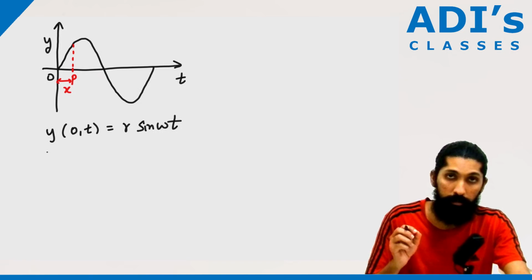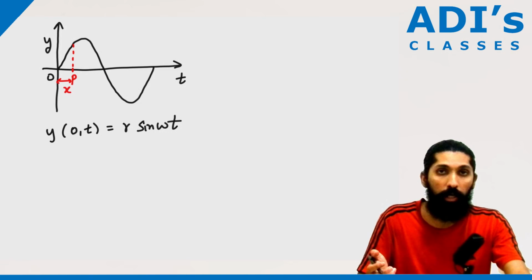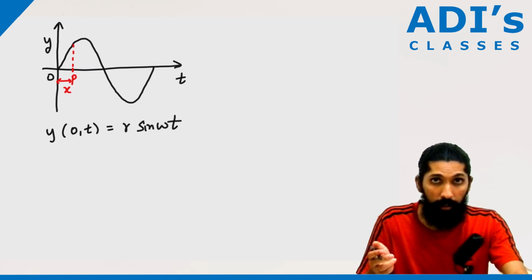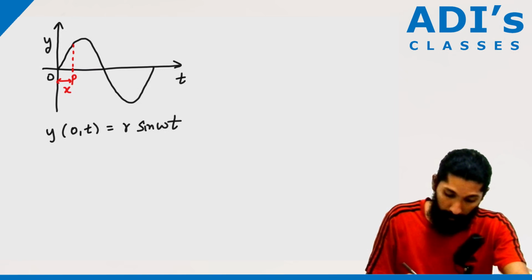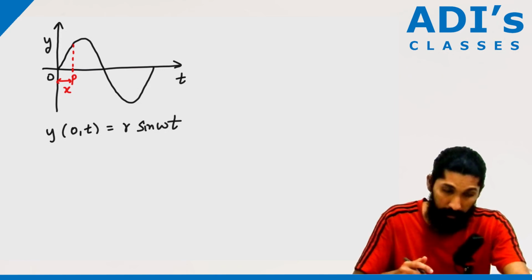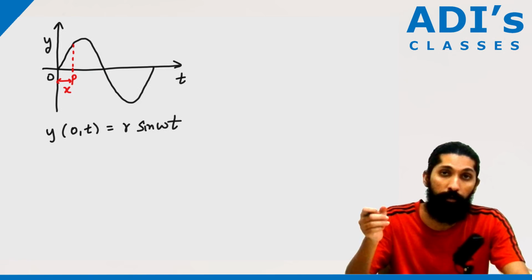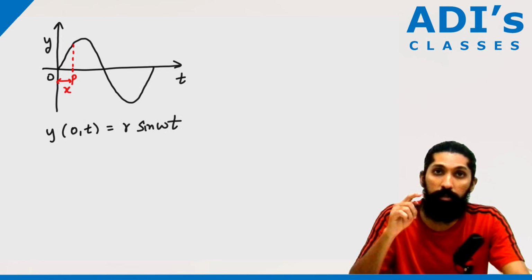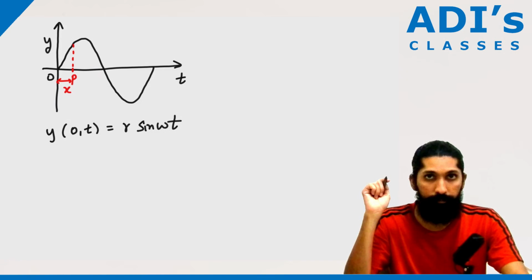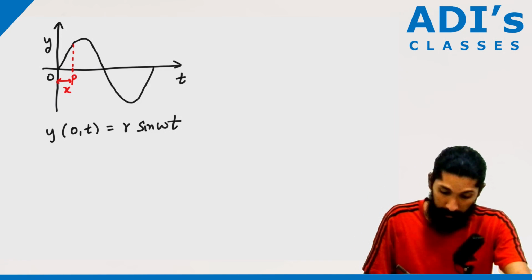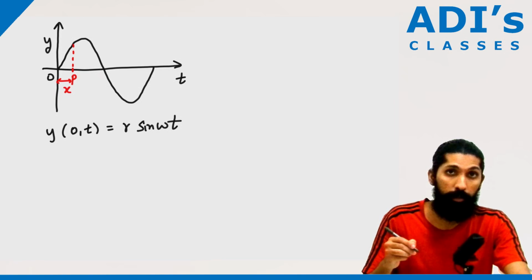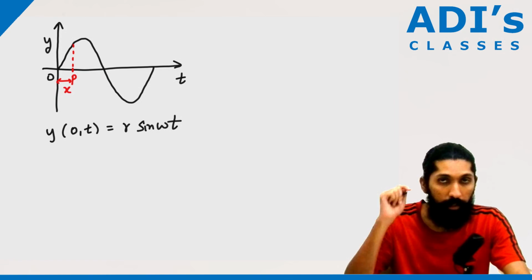There is a meaning for this. When we say y of 0 comma t, it means x is 0, or you can say the object is starting from the origin. That's why it's 0 comma t. So the equation is y of 0 comma t equals R sine omega t.